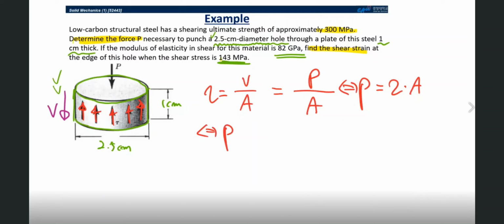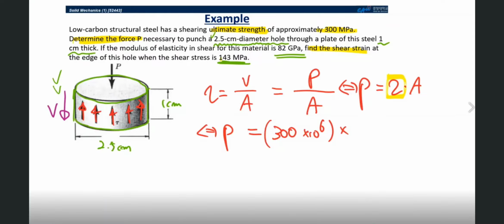Now we know that to make the punch hole, the shear stress should be higher than its ultimate strength. Okay, so to identify the force loading condition, we have to consider the ultimate shear strength, which is 300 megapascal.